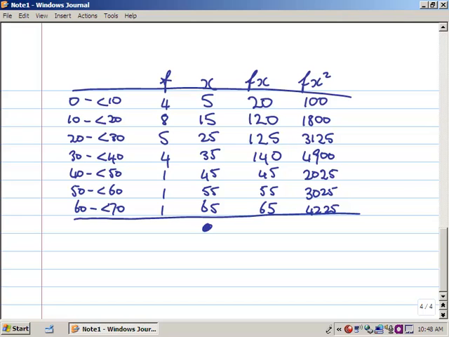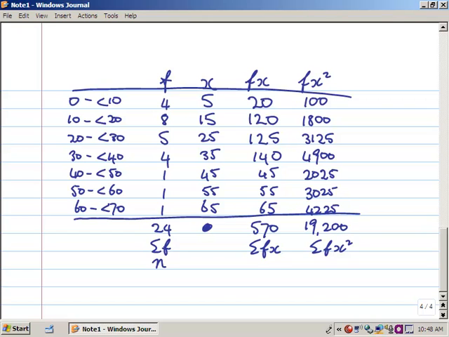Again, we're not going to add the x's since we have frequencies here. So sigma f, the sum of the frequencies, is 24. It's also the number of data points. Sigma fx is 570, and sigma fx squared is 19,200.